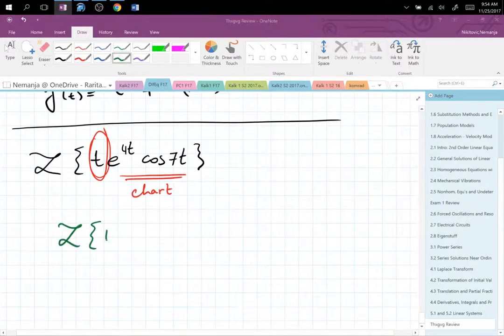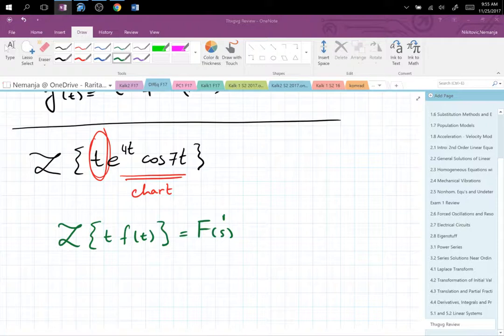Laplace transform of t f of t is equal to minus F prime of s. Right? Is that somewhere on the chart? Yeah, right there. Oh, I forgot the minus. Oops. Right?